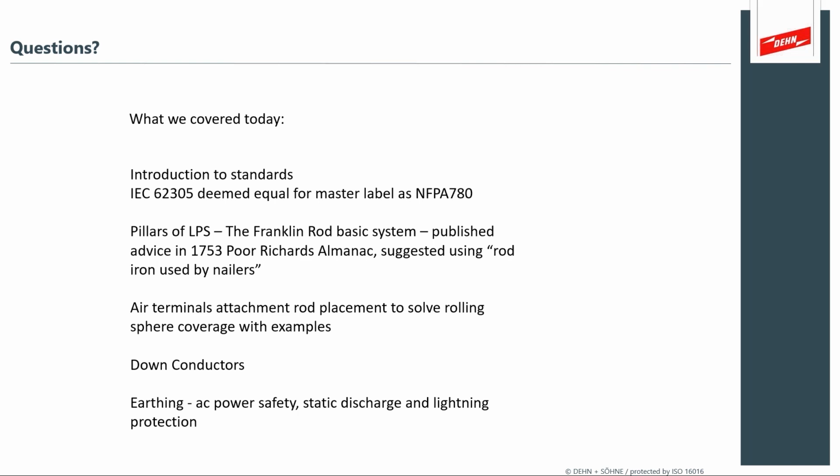We do put them on the outer corners where we have charge concentration on the structure, and on the higher areas. Putting them on the higher areas just allows us to really lift up that protective zone that we can receive from the air termination system. So it all comes back to using one of the methods, the rolling sphere or the protective angle, to determine where I need to place this rod to get the optimal protective zone over whatever I want to protect.